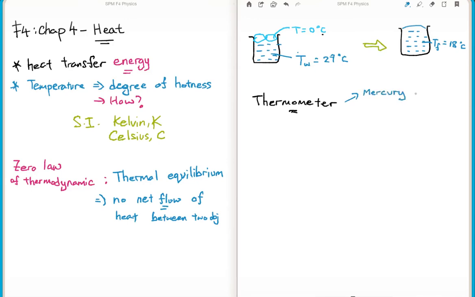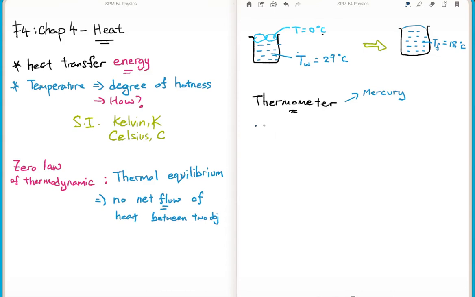In SPM questions, it's limited to only mercury. You may have infrared, thermocouple, they are all there. It doesn't come out in the exam, but you need to know the types of thermometer.